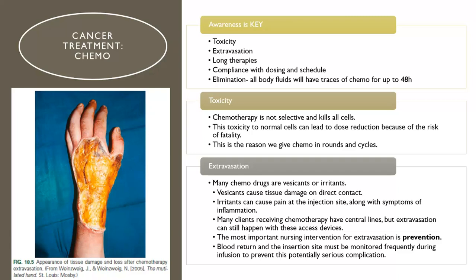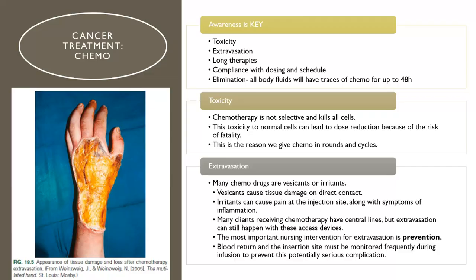It takes months of this. Compliance with dosing and schedule is necessary. Elimination of all bloody fluids with all traces of chemo for up to 48 hours. So your body fluids are going to be toxic if you've had chemo within that 48-hour time period.